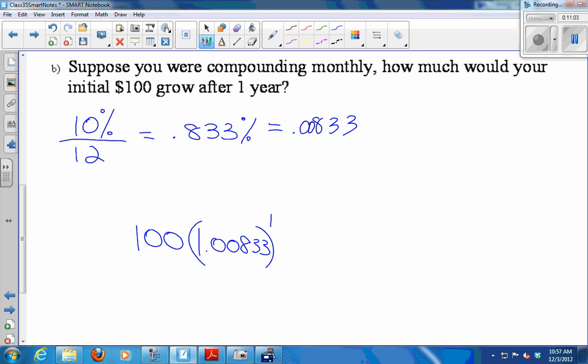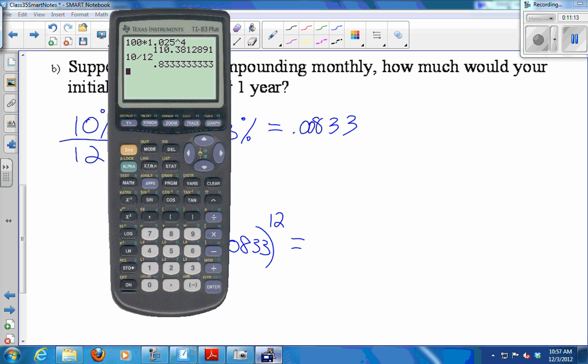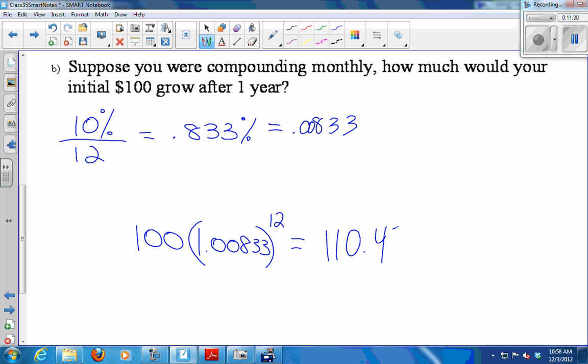I'm multiplying 1.00833 12 times, so I raise it to the 12th. Let's see what this comes out to. I get $110.47. That's 9 more cents than I would have when I compounded quarterly.